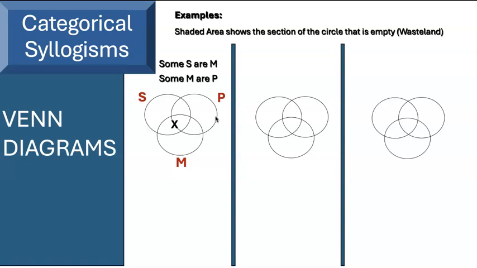Right? Some M are P, that means some members of the M circle are inside the overlap with P. Where do we put it? Don't know, we have to put it on the border here, because we don't know how it relates to S. What kind of conclusion? No clear conclusion.